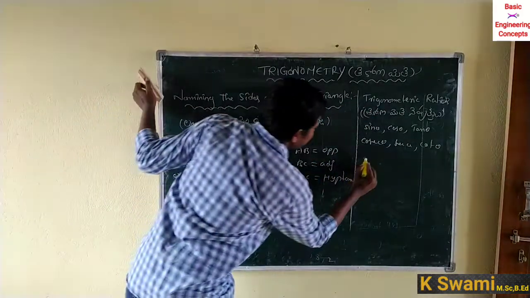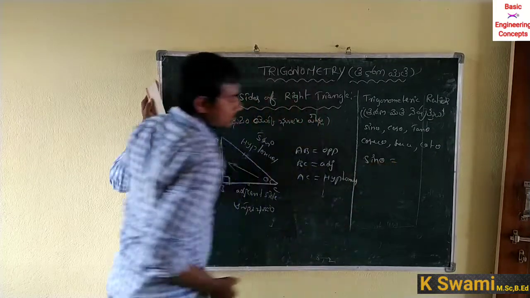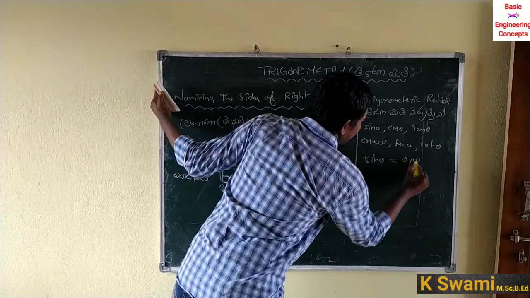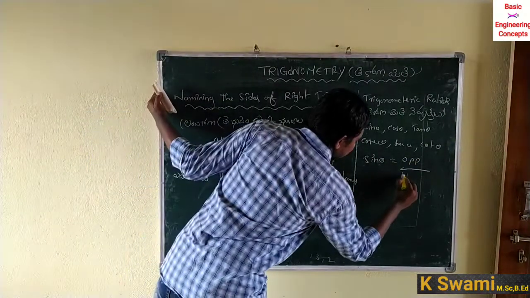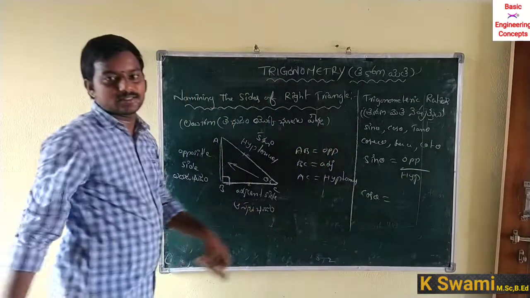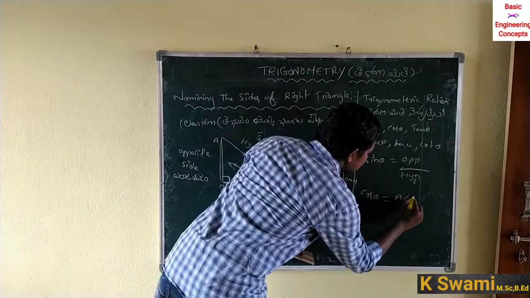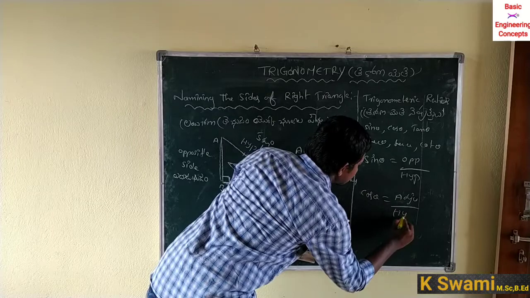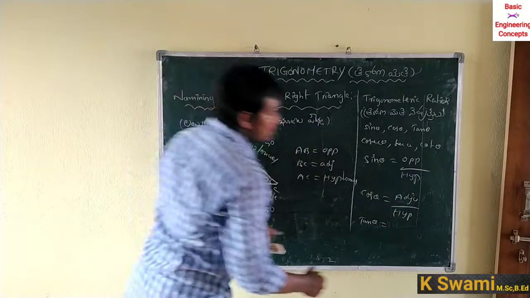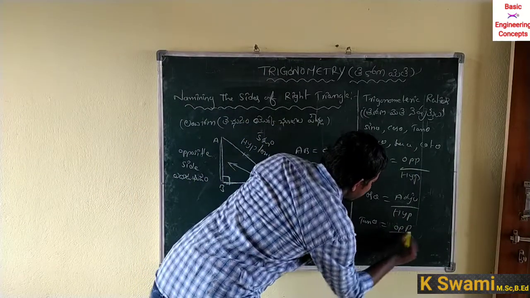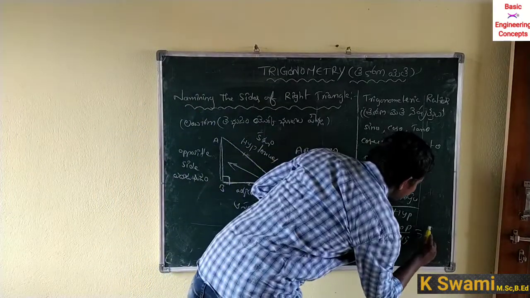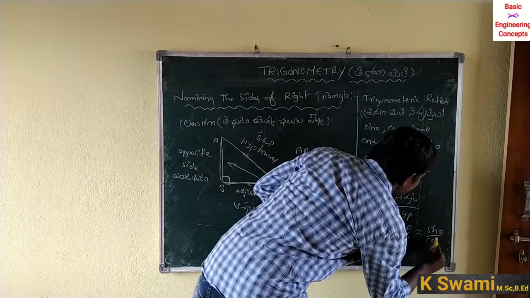We know that sin theta is equal to opposite side by hypotenuse, and cos theta is equal to adjacent side by hypotenuse, and finally tan theta is equal to opposite side by adjacent side, and tan theta is equal to sin theta by cos theta.